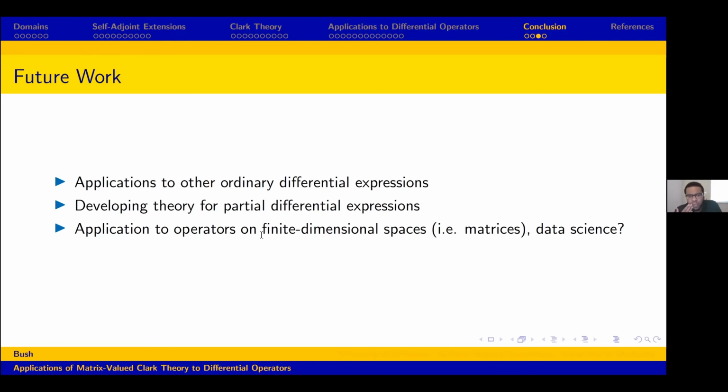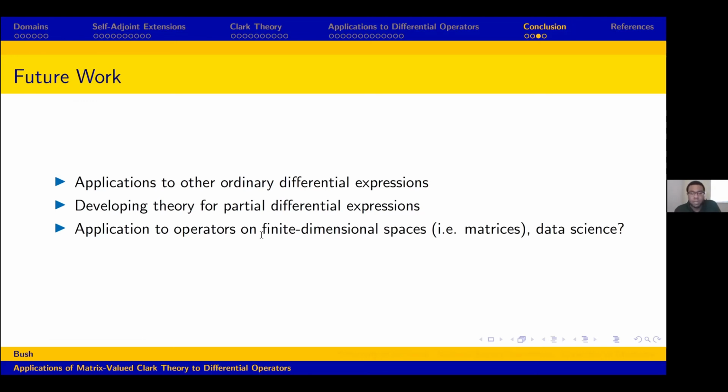And the thing I'll end on is that you can look at applications to operators on finite dimensional spaces, i.e. matrices. This is a thing I want to advertise to the operator theory community in general, because as analysts and algebraists, we often have interest in the infinite dimensional case, in the spicier problems.